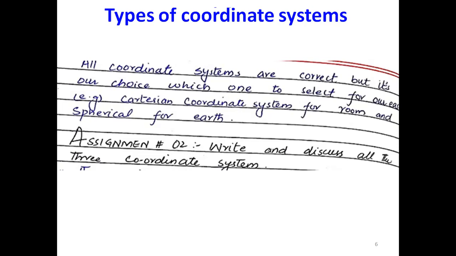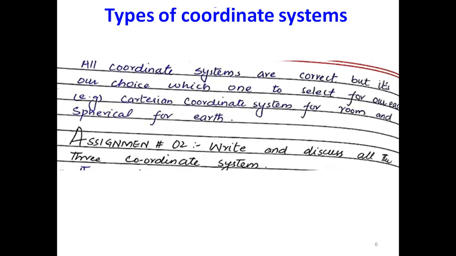Similarly, if we have a cylindrical system, then our choice would be the cylindrical coordinate. For example, if we have a shaft and the shaft is actually of cylindrical shape, it is better to use the cylindrical coordinates for the analysis of the shaft, etc. So during this course, depending upon the specific problem and shape of the mechanical component, for our ease, we have to select the proper coordinate system.